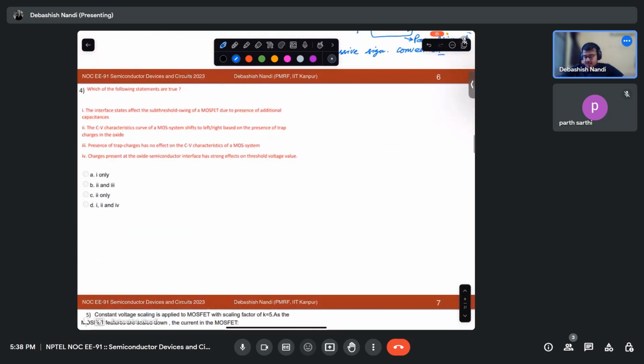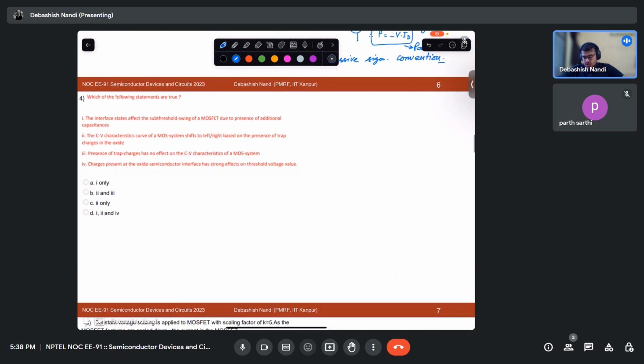It is asked which of the following statements are true. The interface states affect the subthreshold swing of the MOSFET due to presence of additional capacitance. The CV characteristics curve of a MOSFET shifts left right. Trap charge has no effect on CV characteristics. And charges present have an effect on threshold voltage. So first thing, what do you know? VFB is phi ms minus Q oxide over C oxide.